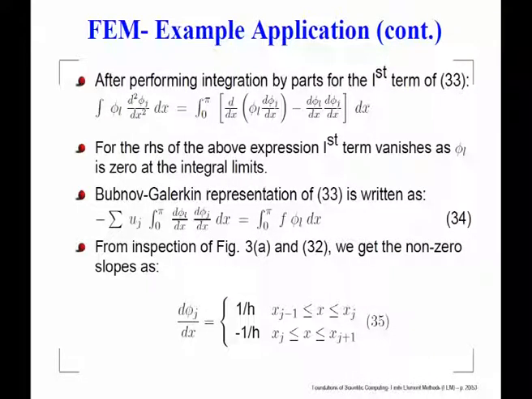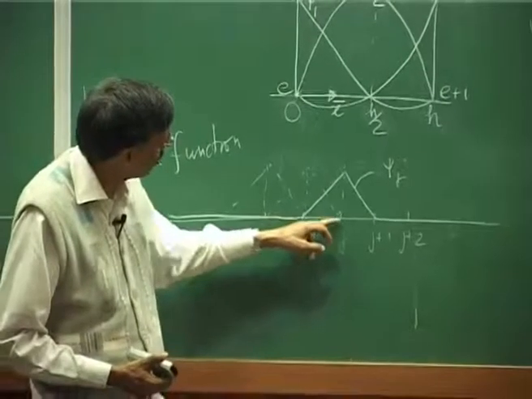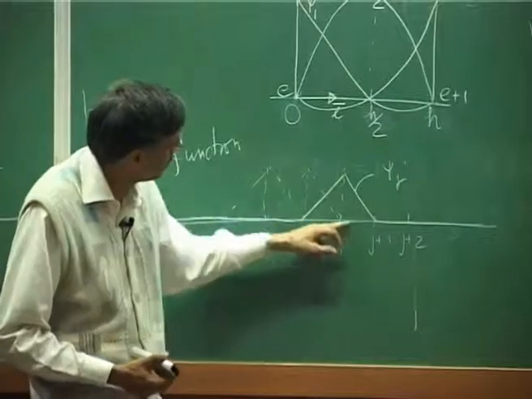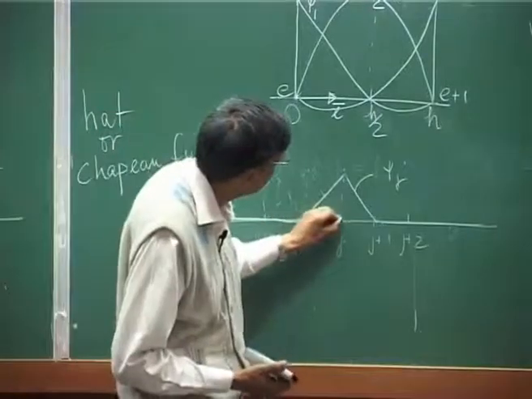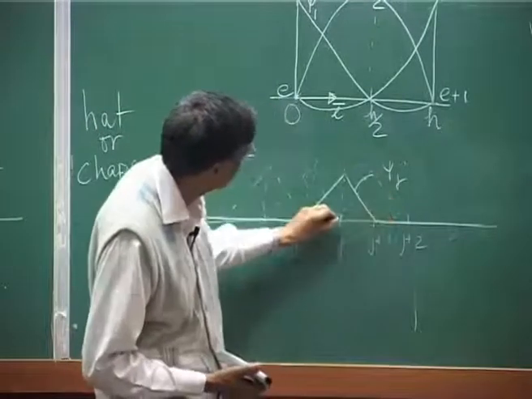You realize that on the previous page, when we look at this, the L and J's which can contribute are only those where L is the next neighbor of J. So, if I am looking at this, L equal to J will give me the contribution from here, and L equal to J plus 1 will give me a contribution coming from this basis function, right.